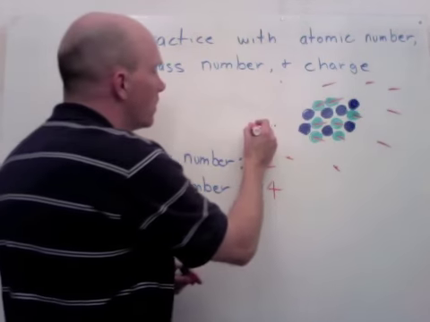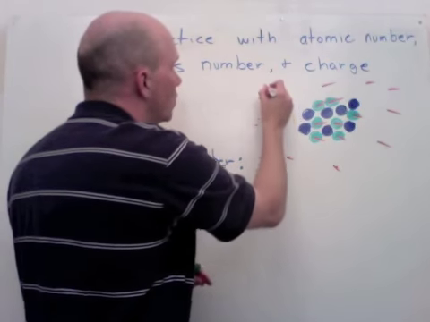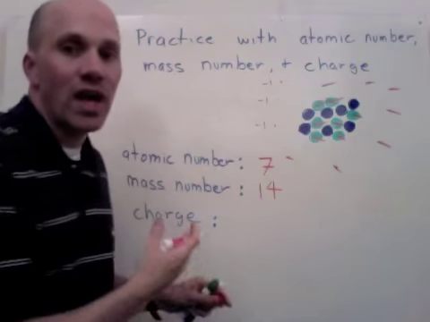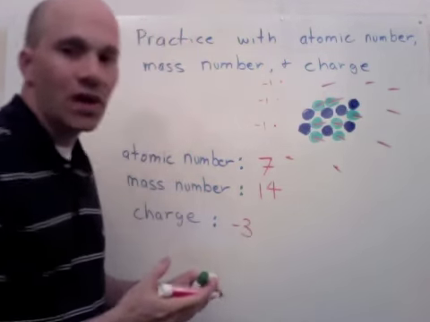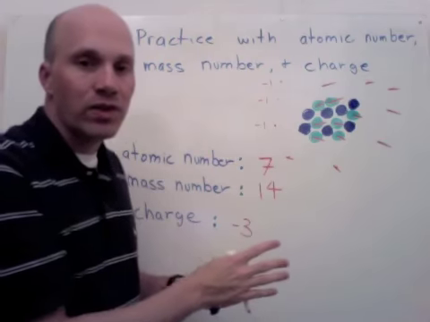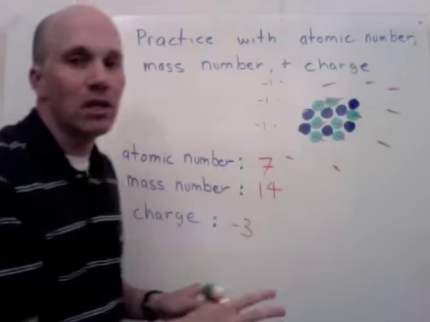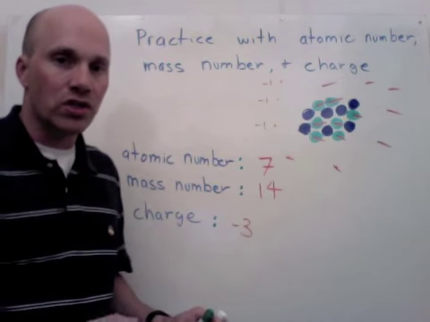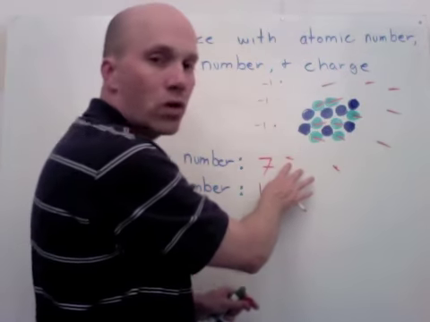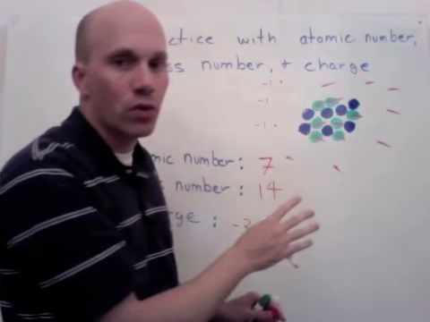Each one of those has got a negative 1 charge. So if you add up all of that charge, you've got a total of negative 3. What that means is that this entire atom here would have a charge of minus 3. And that charge is due to the fact that it had more electrons than it had protons.